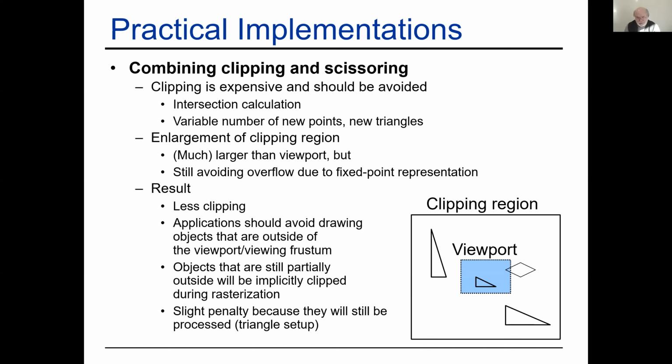Remember that the biggest issue that we're dealing with is that we're dealing with fixed point. The rasterization happens in fixed point, and so at some point we cannot represent the geometry. The trick now is that, well, if you need so many bits for the window itself, why not add a couple more bits so we can represent some area that is outside of the window, or the viewport, as I call it here on the screen.